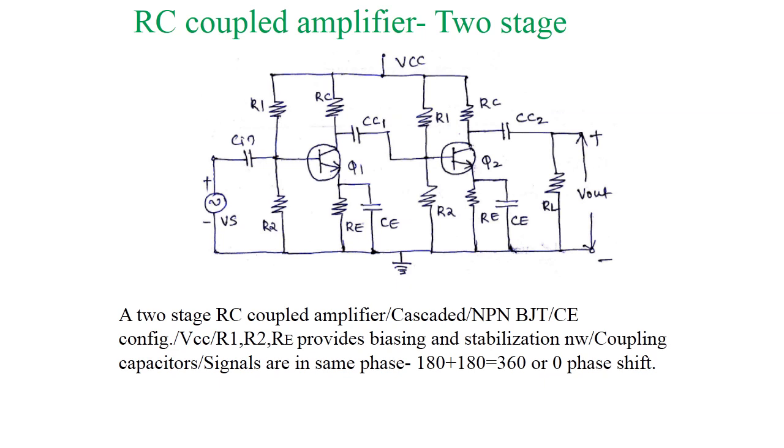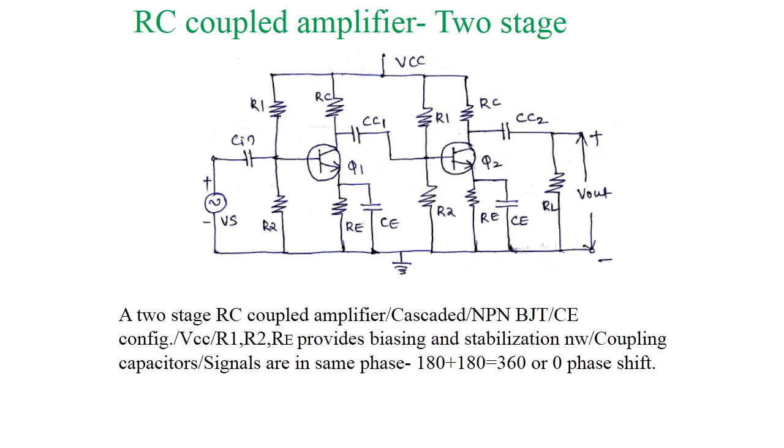Here also NPN BJT in common emitter configuration is used. VCC is the biasing voltage, R1, R2, RE provide biasing and stabilization. Coupling capacitors are used here also. The function is the same. These are the coupling and blocking capacitors.